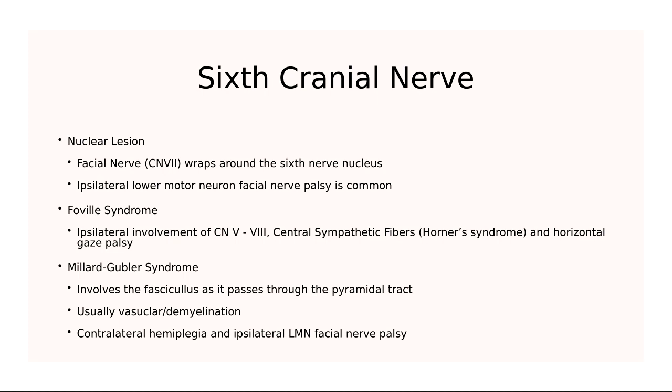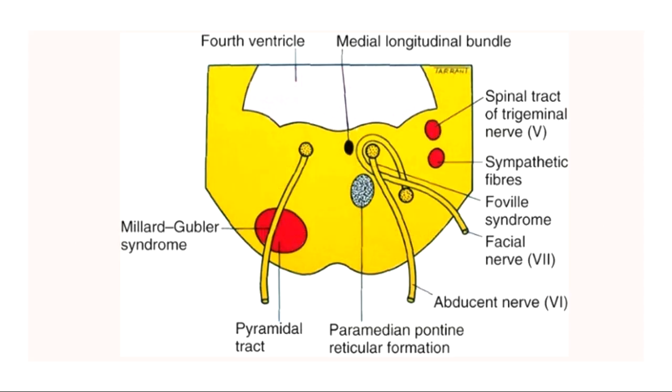You may have a contralateral hemiplegia and an ipsilateral lower motor neuron facial nerve palsy. And this is just a diagrammatic representation showing you your Millard-Gubler syndrome here, and over here your Foville syndrome, which will affect several cranial nerves.